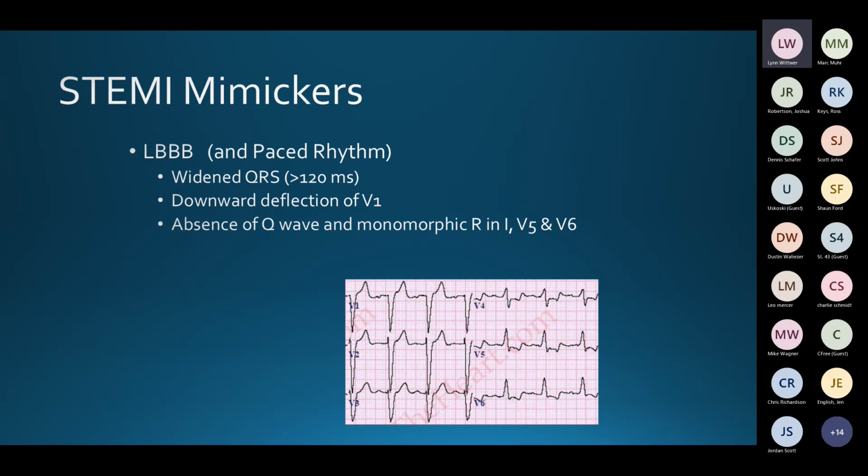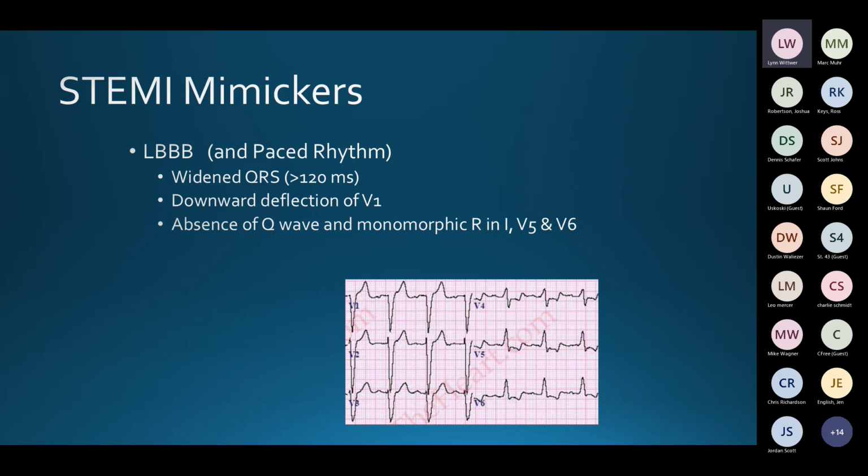So the left ventricle contracts that much behind the right ventricle. They don't contract together or synchronously. So that ends up giving you a wide, complex QRS.